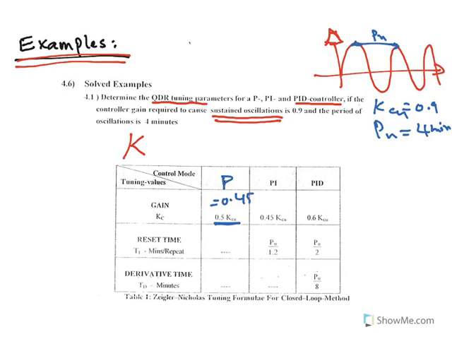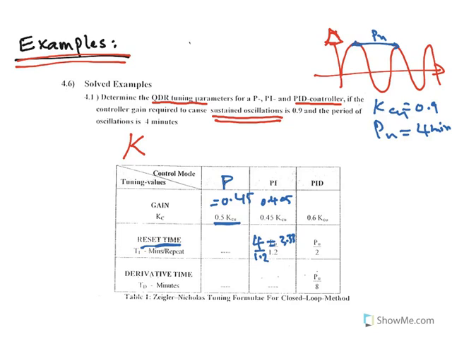For the PI controller, we multiply 0.45 by the ultimate gain, which gives 0.405, while the ultimate period over 1.2 gives us the reset time: 4 over 1.2, which is equal to 3.33.